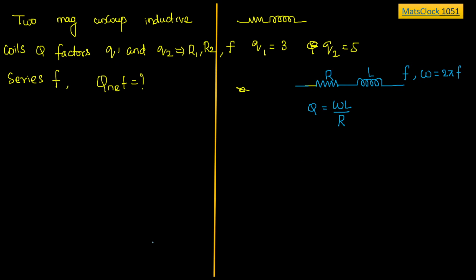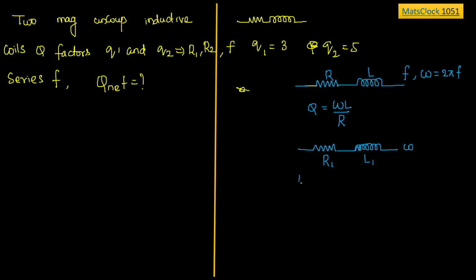I hope you all know this. Now, suppose I have coil 1 and its corresponding quality factor, which they told is Q1. I can treat this one as R1 and this one as L1, with the corresponding frequency omega.